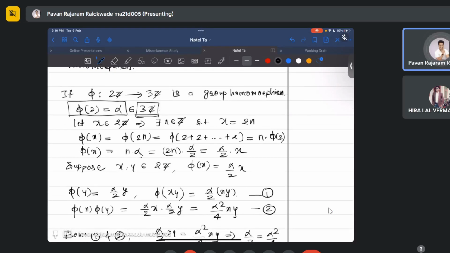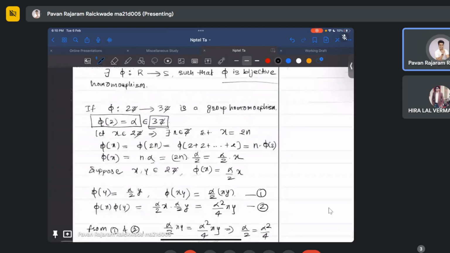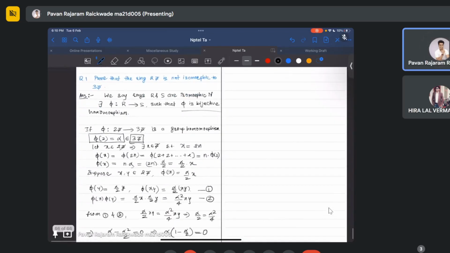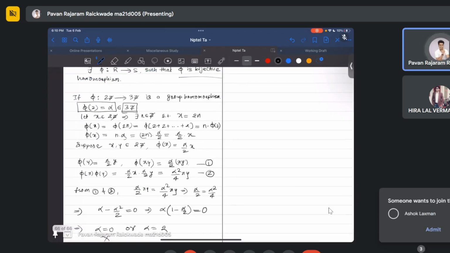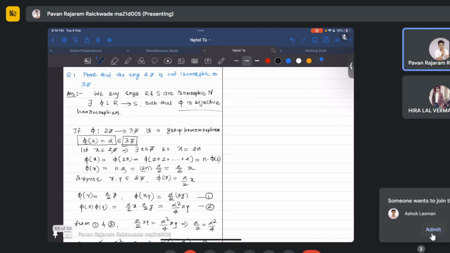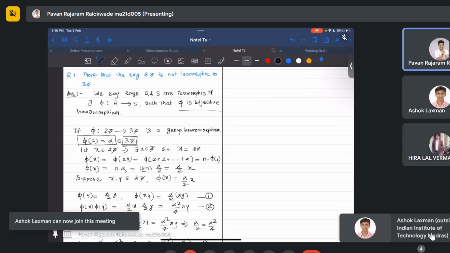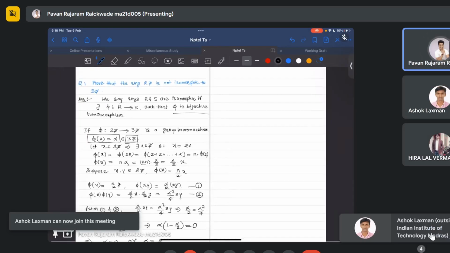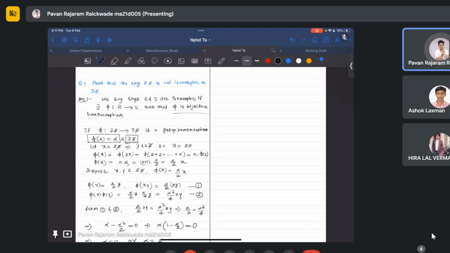Hence there does not exist any ring isomorphism from 2Z to 3Z. Hence these two rings, 2Z and 3Z, are not isomorphic as rings. I explicitly showed that any map phi from 2Z to 3Z cannot be a ring homomorphism and bijective. I hope this is clear.